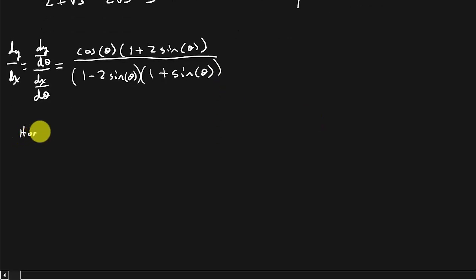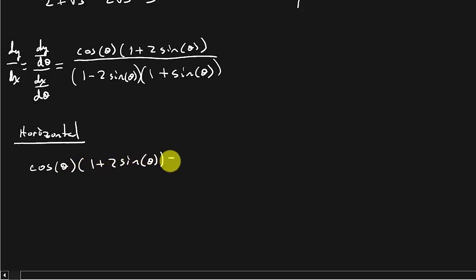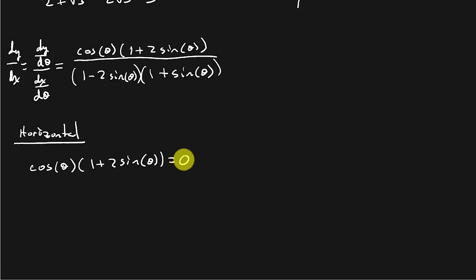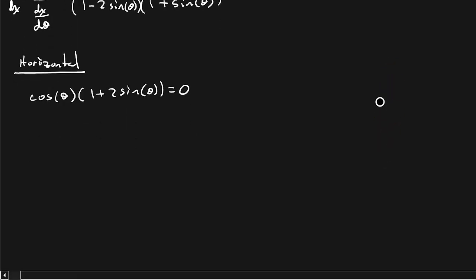So for horizontal, we're taking cosine theta times 1 plus 2 sine theta equals 0. Now, this goes back to what? Solving trig equations. Do you remember how to do that? Of course you do.